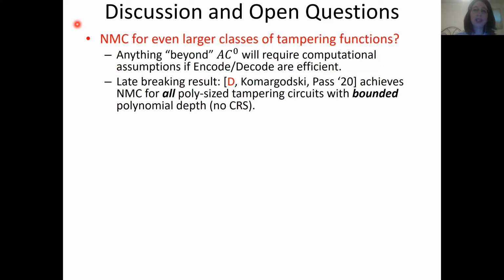And this result achieves non-malleable codes for all polynomial size tampering circuits with bounded polynomial depth and no CRS, but it does need computational assumptions, some of them pretty strong. And so in general, it's interesting to see, we need some computational assumptions, but can we get non-malleable codes for larger classes of tampering functions with minimal computational assumptions?